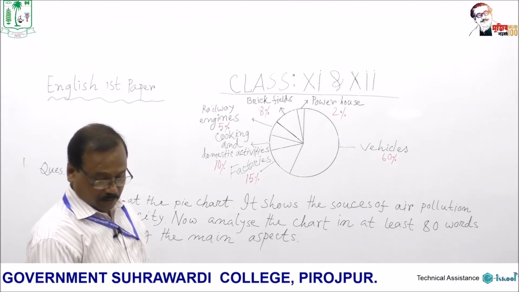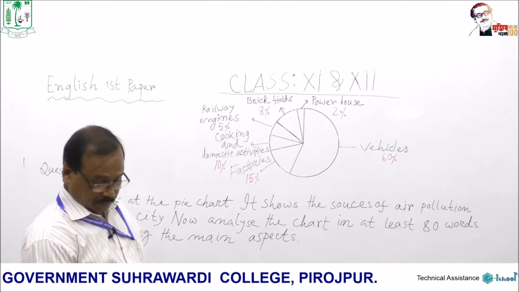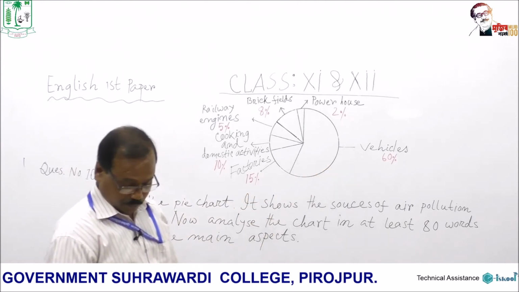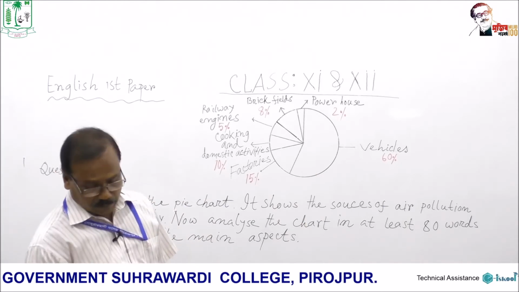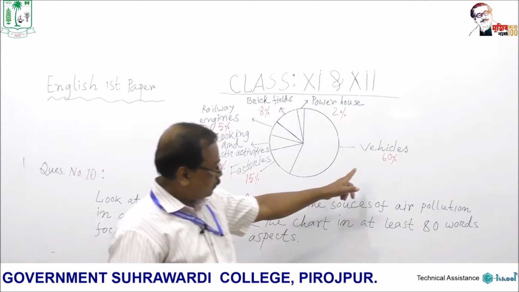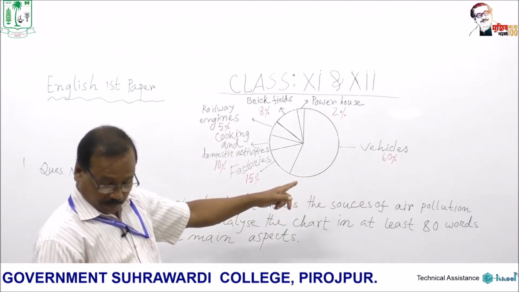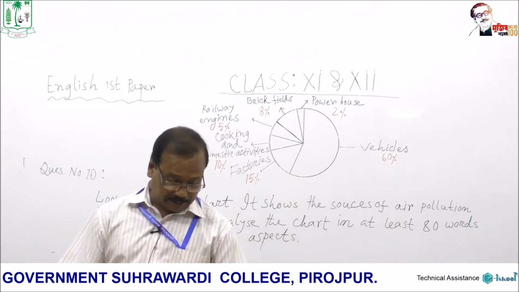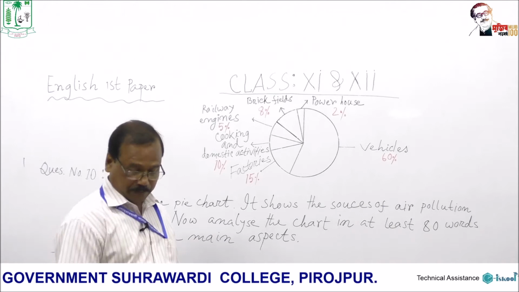On the other hand, the lowest source of air pollution is powerhouse, amounting to 2%. Or you can write it like this: the pie chart shows that the highest source of air pollution is vehicles, and it is 60%.